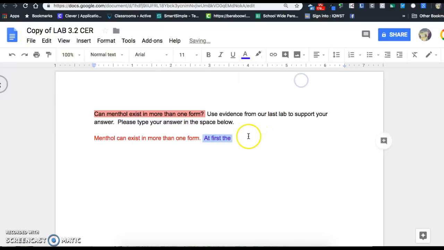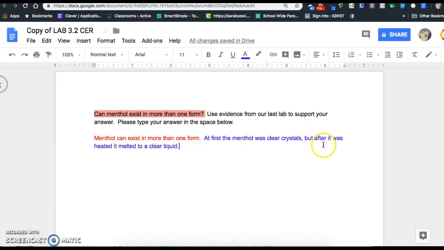And I want my text to be blue. Okay, so at first the menthol was clear crystals, but after it was heated, it melted to a clear liquid. And this is what I actually saw. I'm just describing what I saw.